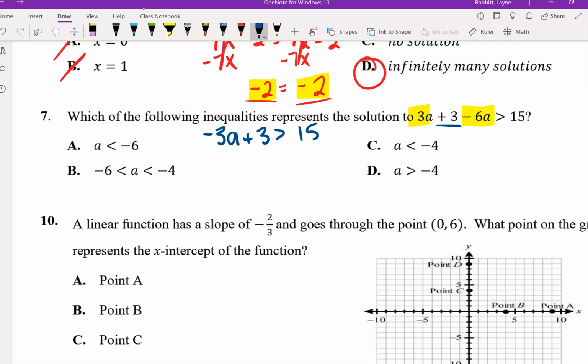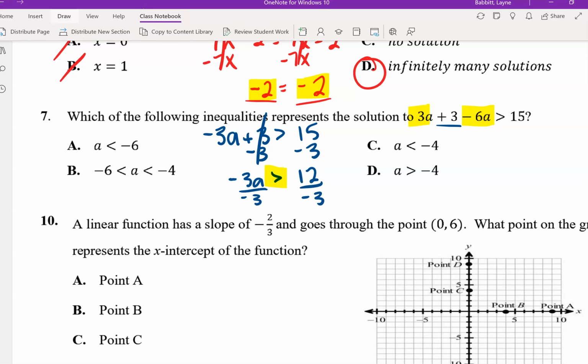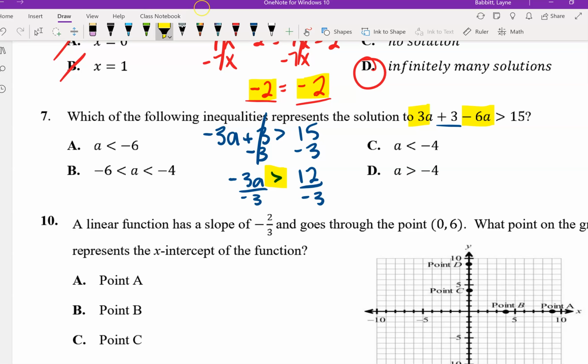So we're trying to move things away from the a. The first thing I'm going to move is this plus 3. The opposite of plus 3 is minus 3. Whatever I do on the left, I also have to do on the right. We get negative 3a is greater than 12. Final step, divide by negative 3. Really important though, when you divide by negative 3, you flip the sign. So we'll end up with a is less than negative 4.